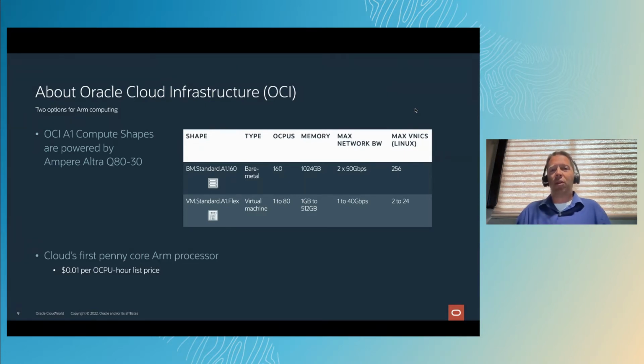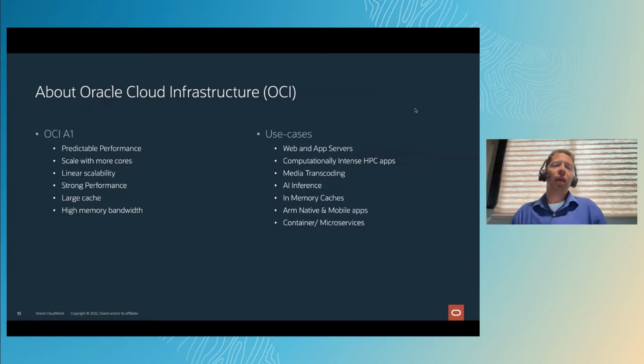And when we look at the price to performance ratio, at 1 penny per OCPU hour list price, it's incredibly cost effective, not to mention very performant. So again, bare metal as well as virtual machine, scaling anywhere from 1 OCPU all the way up to 160. So a lot of different use cases and options there available for your use. Now, the nice thing about OCI A1 is we get predictable performance. We can scale with ease, lots of different cores and scalability there.